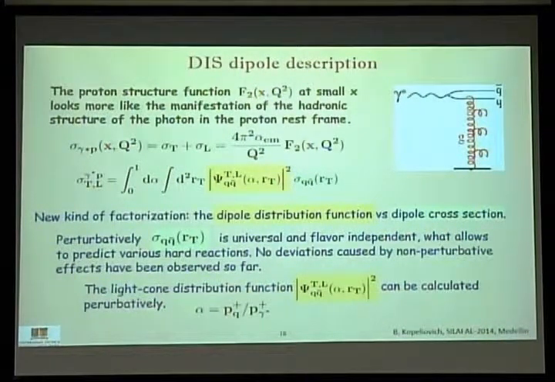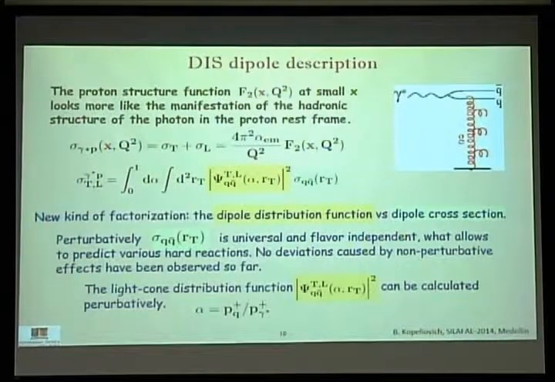Cross-section is the same as F2 up to kinematical coefficient. So F2 is just cross-section, and cross-section is cross-section of interaction of this photon with the target, which interacts not electromagnetically, it interacts developing a strongly interacting fluctuation QQ bar.